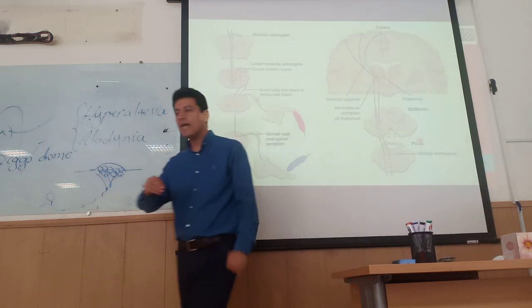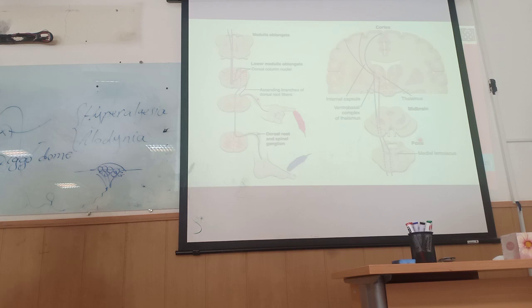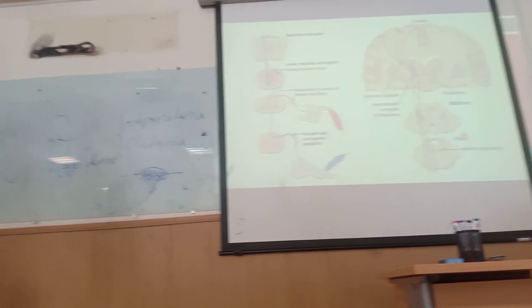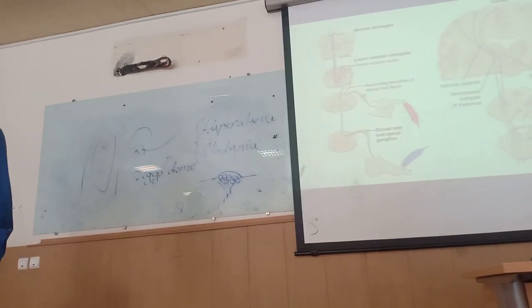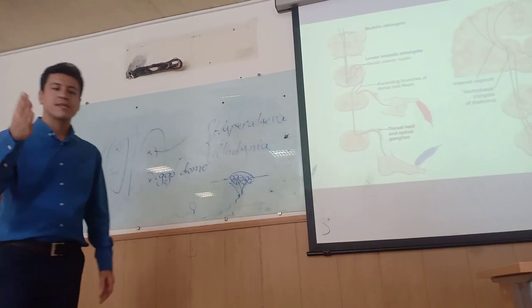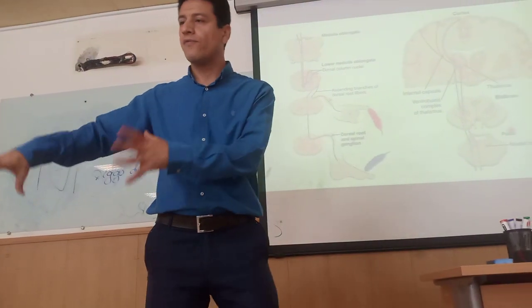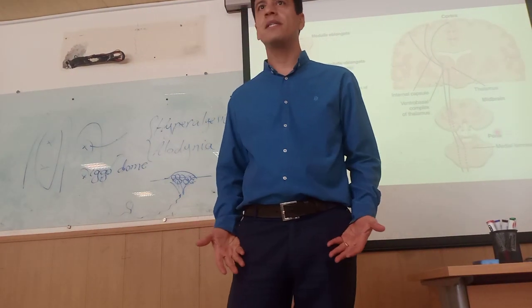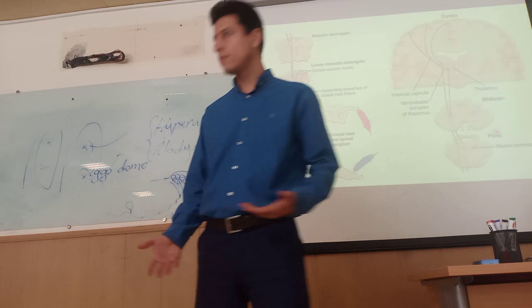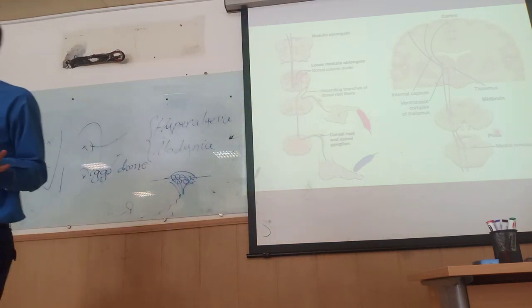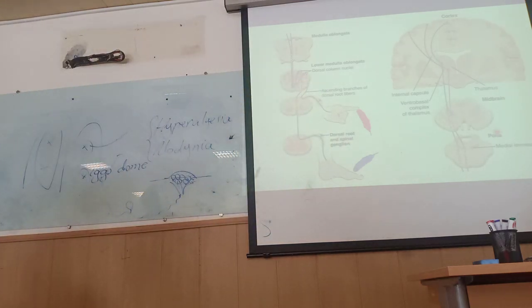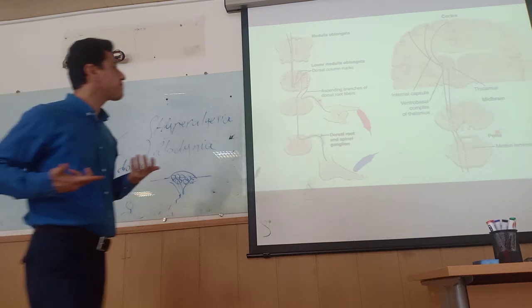The medial branch enters the dorsal column, right? So you know that in the dorsal column we have two different fascicles, right? Gracile, very good. Gracile actually collects information from the lower part of the body, like the leg, right? And the cuneate one from the upper limb and the trunk, right?